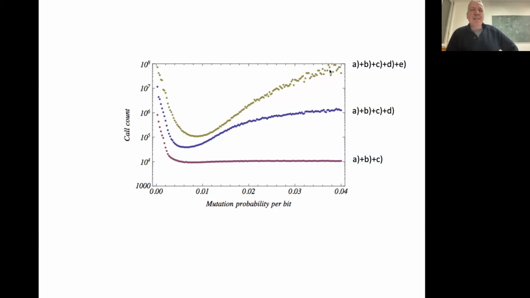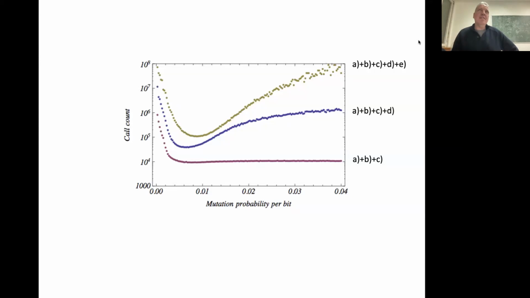And what I'm showing you is the performance of the genetic algorithm as I vary the mutation probability per bit, per allele. As I get a high mutation rate, it becomes more or less random, and it tends up to 10 to the 10 at this end, which is what you would expect.